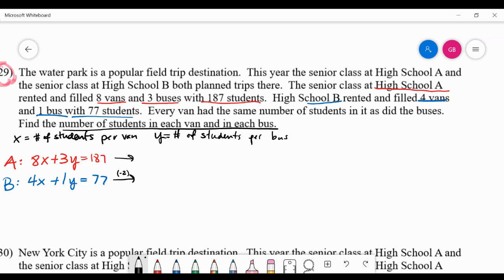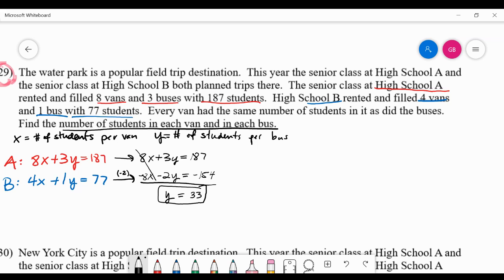First one, I'm just going to copy it over. 8x plus 3y equals 187. -8x minus 2y is equal to -154. So I'm going to add these equations. x is eliminated. 3y plus -2y, that's just positive y, is equal to 33. 187 minus 154 is 33.